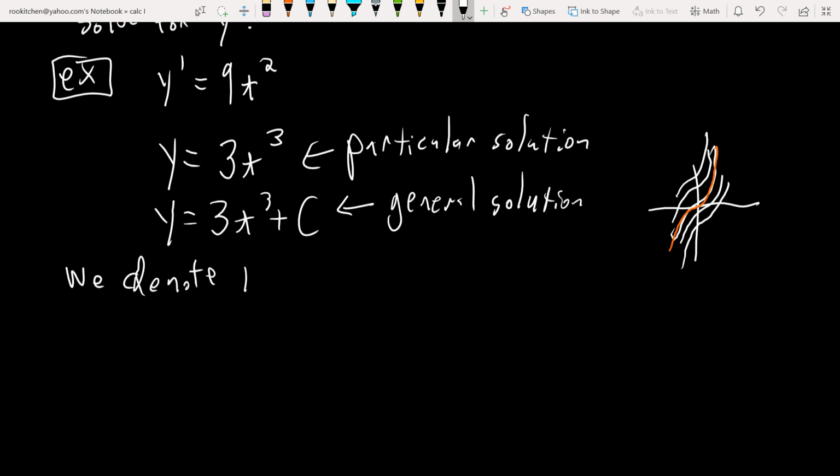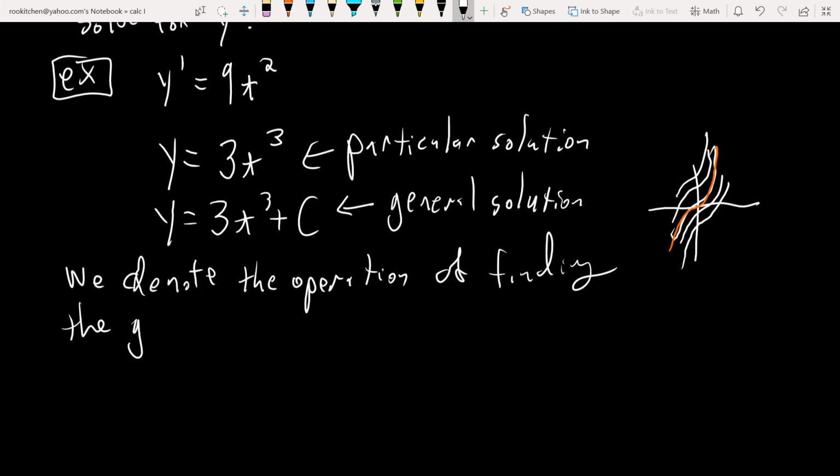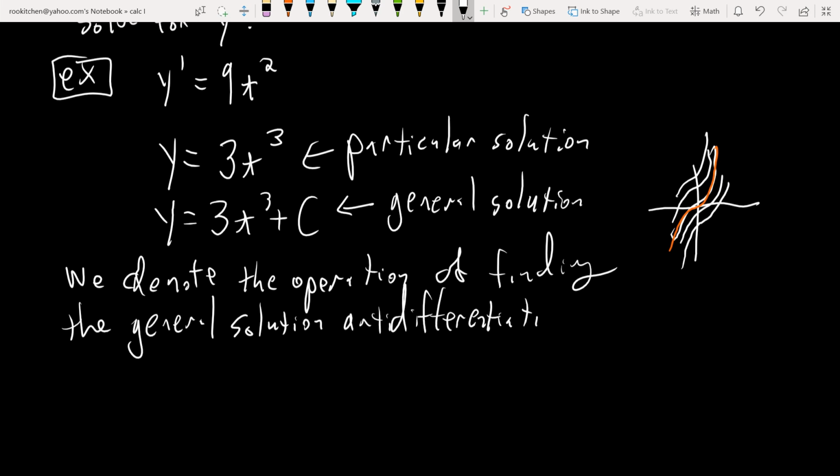Anyways, we denote the operation of finding this general solution anti-differentiation, or indefinite integration.